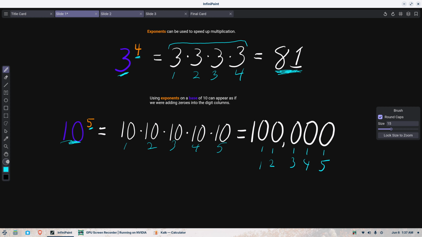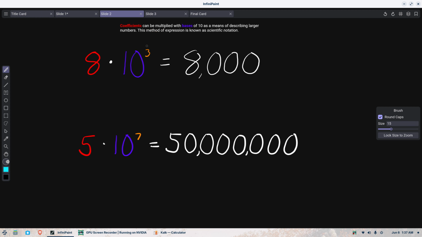So moving on, we can multiply coefficients by bases of 10 as a way of describing larger numbers, and this process is known as scientific notation. So for my first example here, you can see that we have 8.